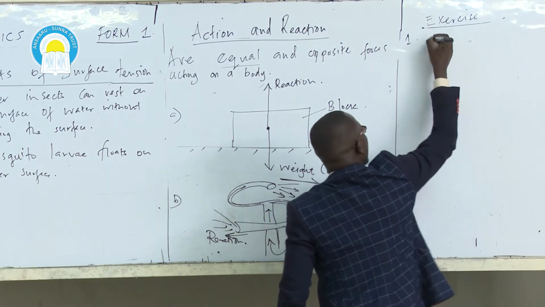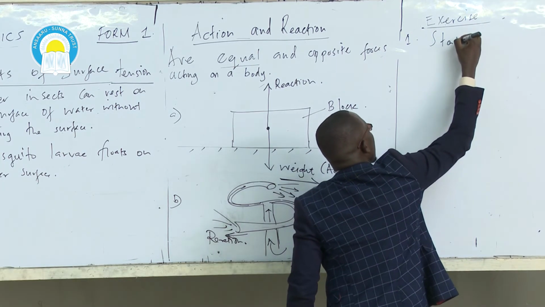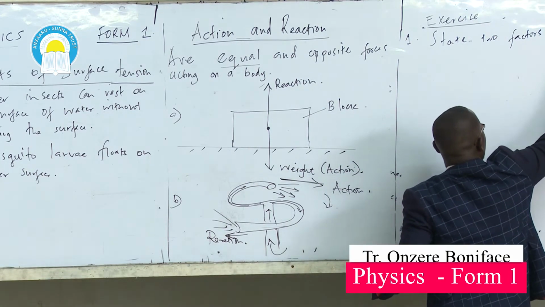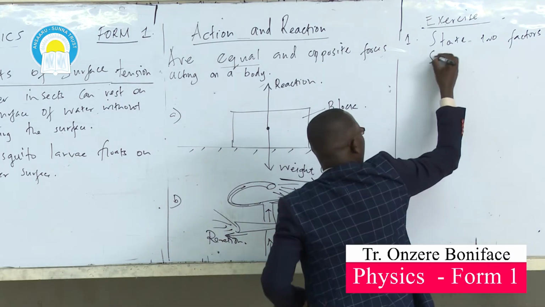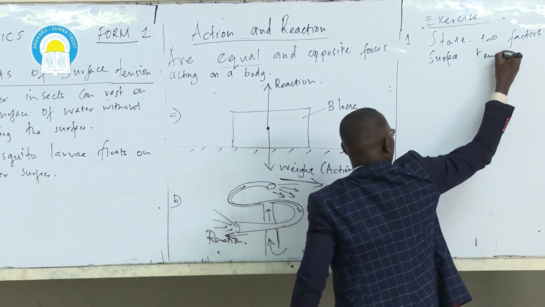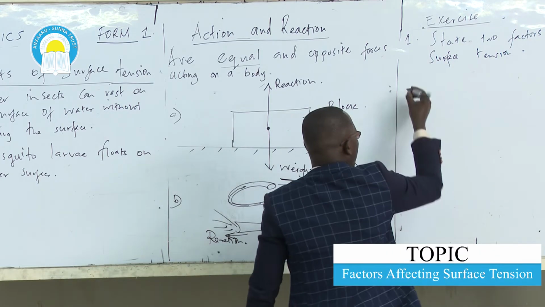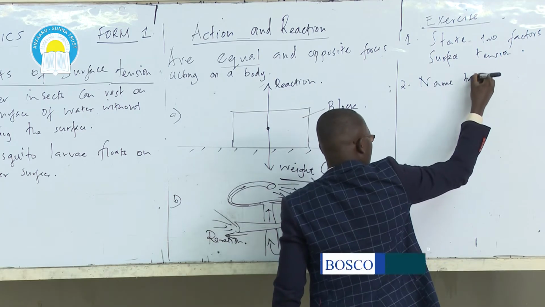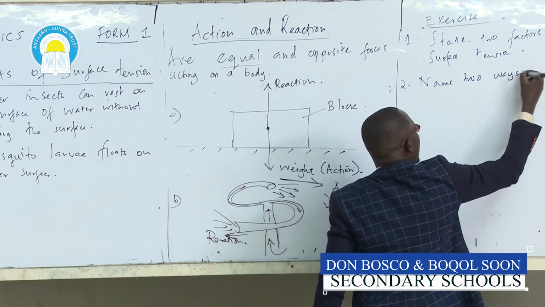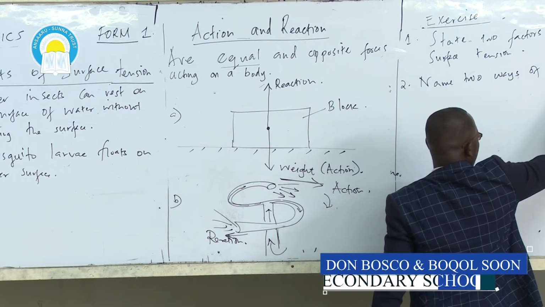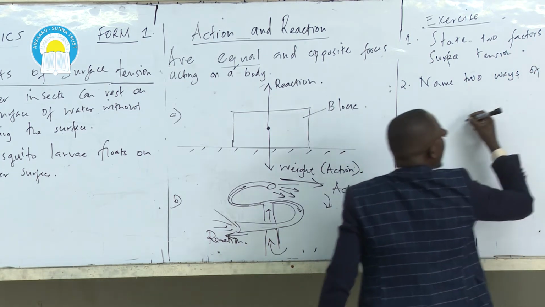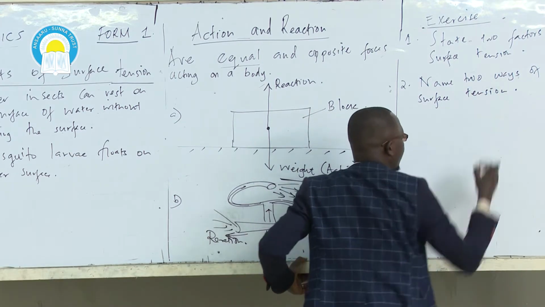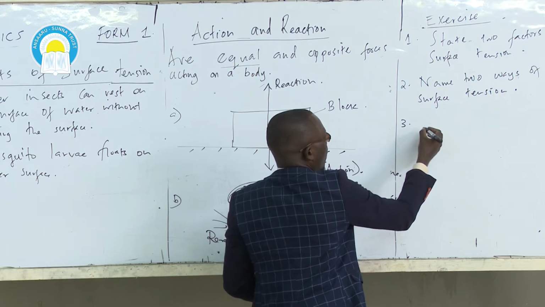Number 1. State 2 factors affecting surface tension. Question 2. Name 2 ways of increasing surface tension. Question 3.